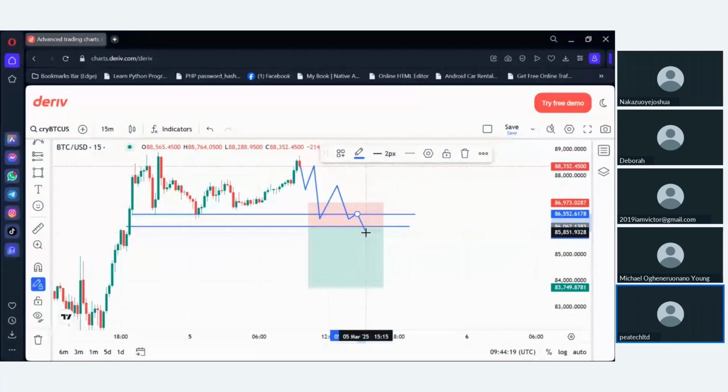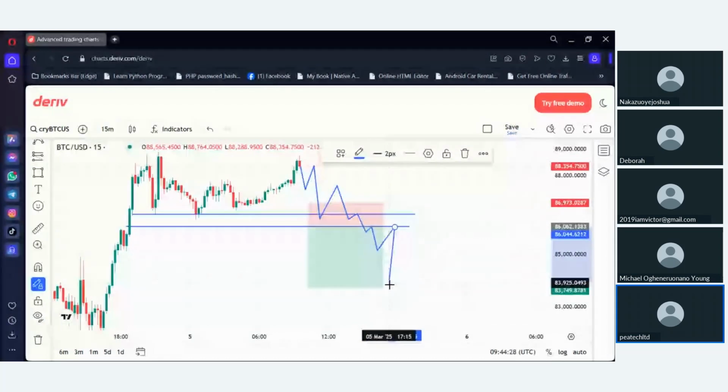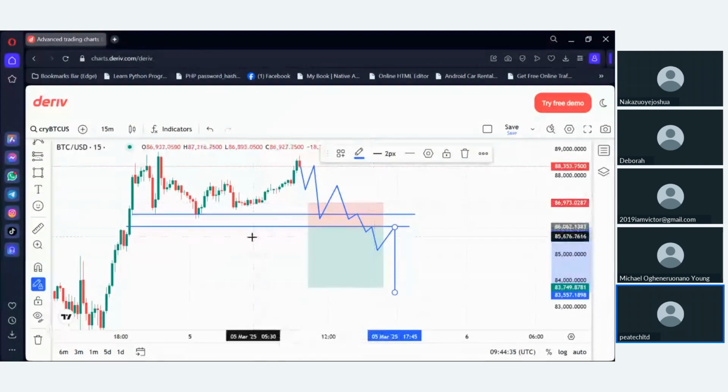Now, if it continues going like this, and maybe like this, you see that you have made profit, right? But if it should come to your stop loss zone, that is when you will lose the money. So what you are saying is sell stop simply means you expect the market to sell the moment it gets to this particular price.